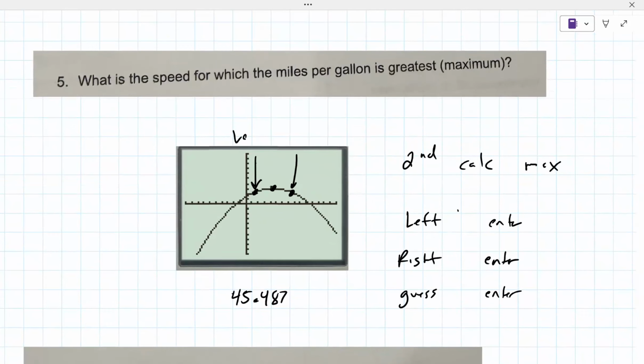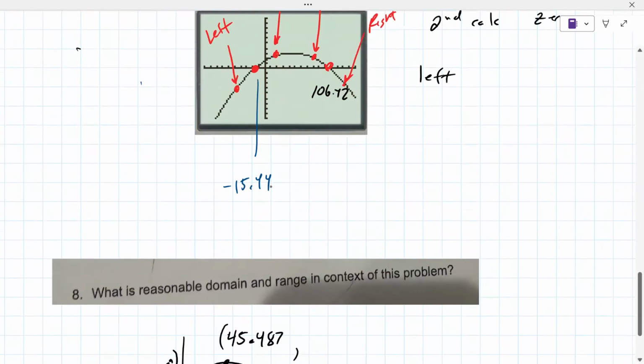You'll have to do the left and the right again. It's 30.44. All right, so we need that for the range.